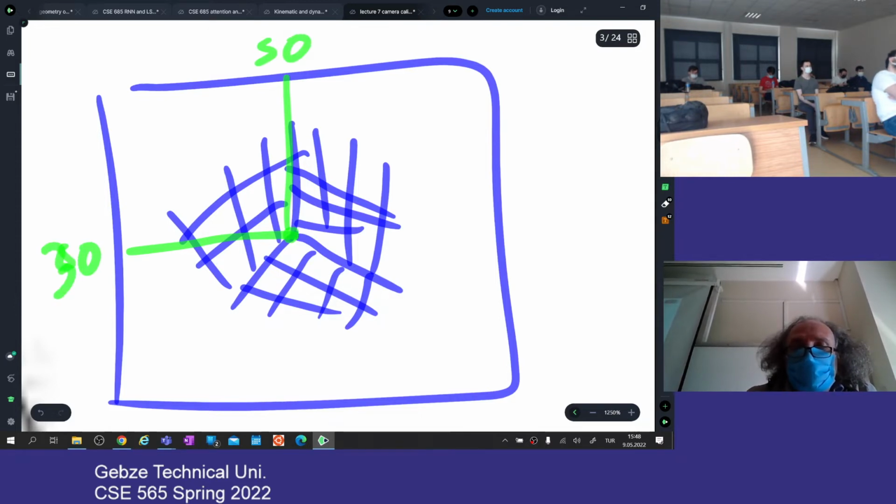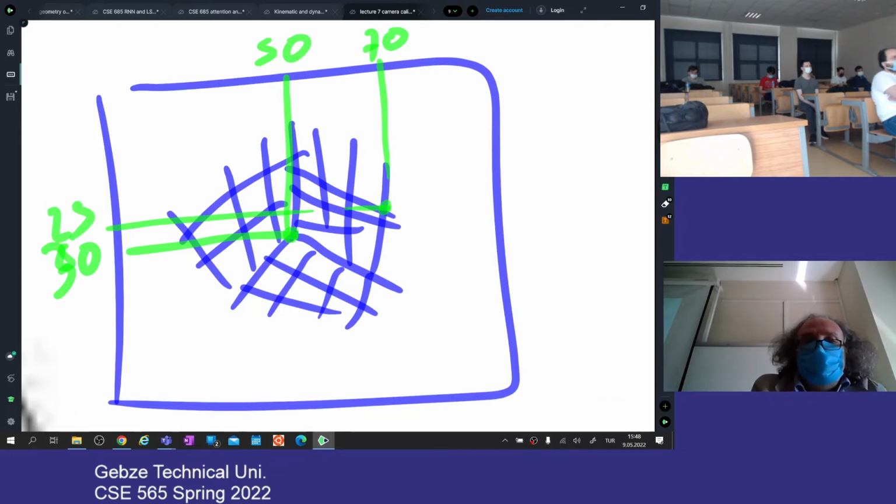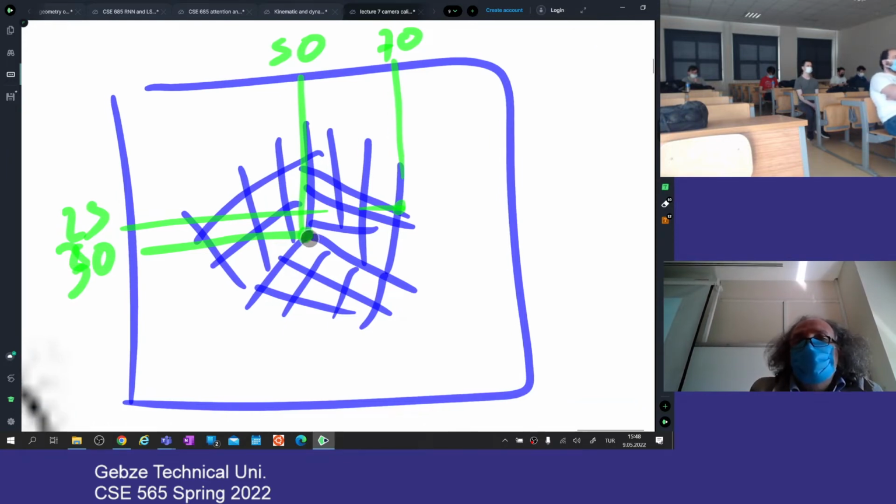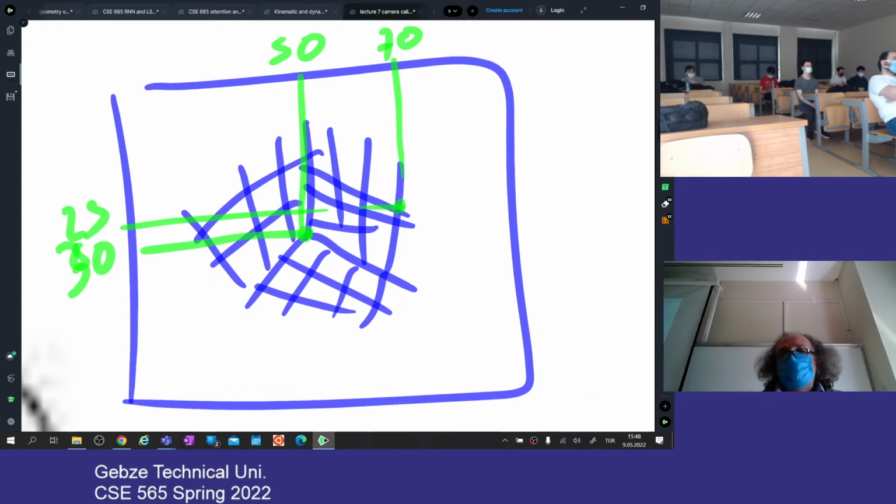And this point will correspond to column number 70 and row number 25 maybe. So this one is real world point 0 0 0, image point 50 30. This one is 70 25, and it will correspond to, for example, 20 comma 20 comma 0.